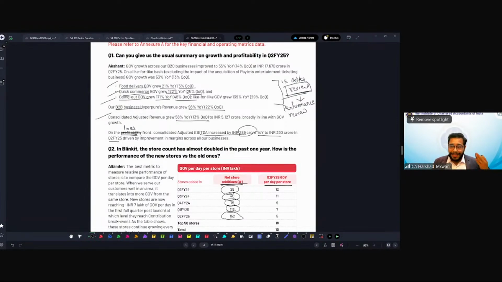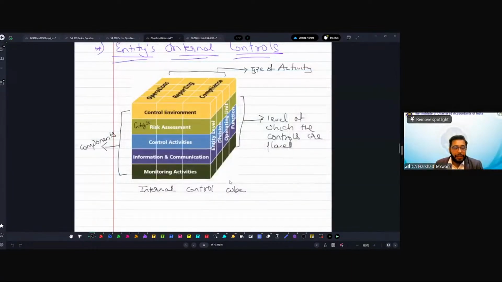Management has to establish these activities in order to achieve the objective of the control. So that is control activity, which is the third component. The fourth component is information and communication. Again, if anyone can explain, what is information and communication?